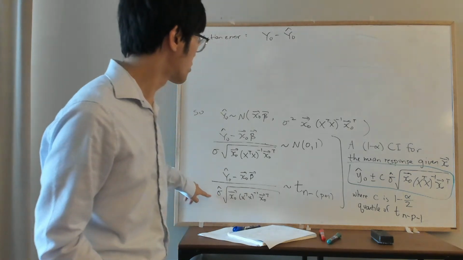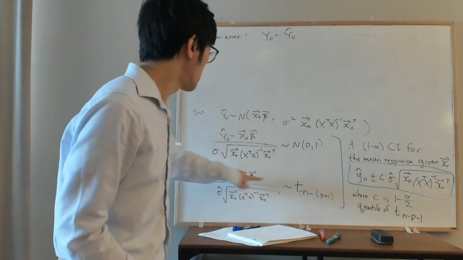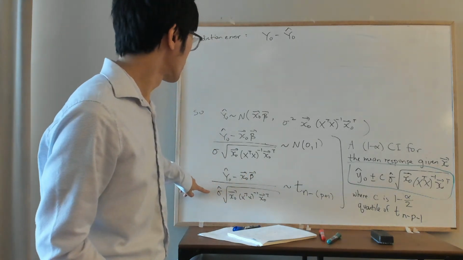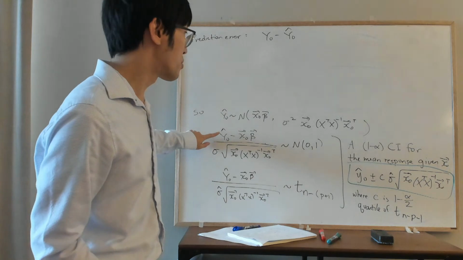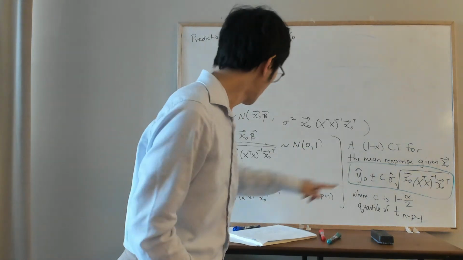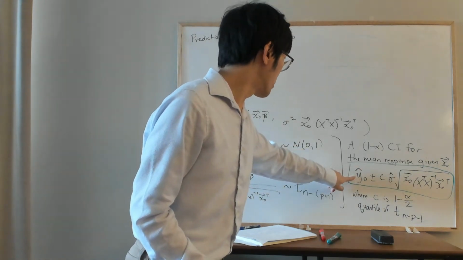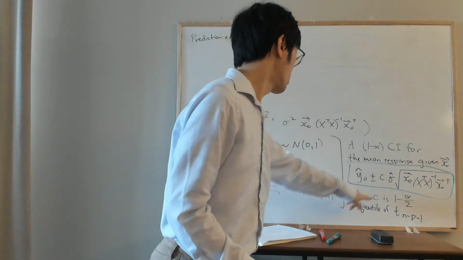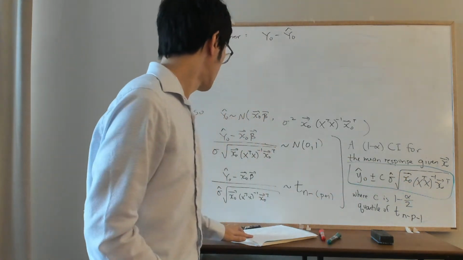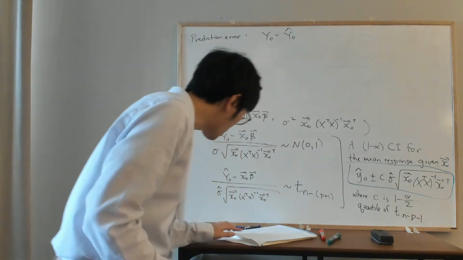This thing in the denominator is therefore the standard error of the predictor y0 hat, and so the confidence interval is y0 hat plus the quantile times the standard error of the predictor. So I believe my expression on the board is correct.